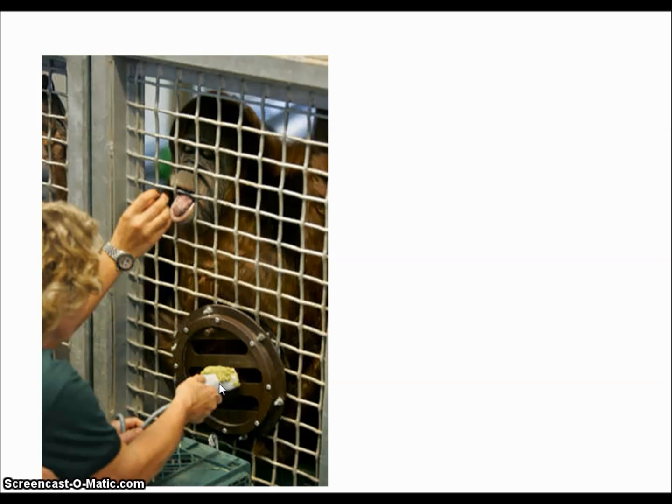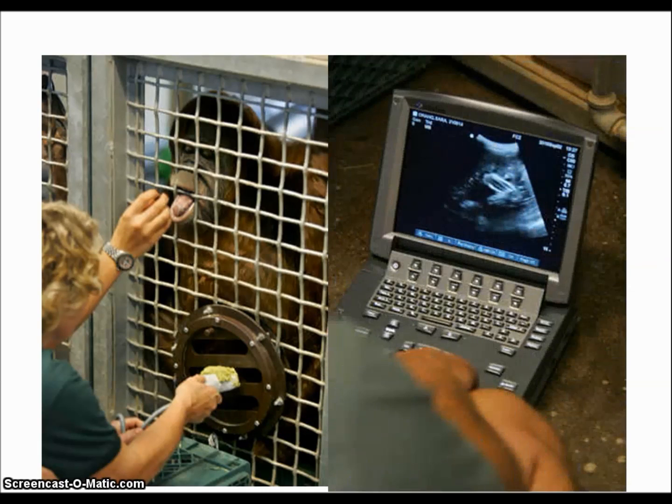You can see the guacamole right on the end of the machine. And they were able to get these images. These were some of the first images they got of the baby orangutan. So with a little problem solving and with a little creativity, they were able to figure out an answer to their question. That's the scientific method.